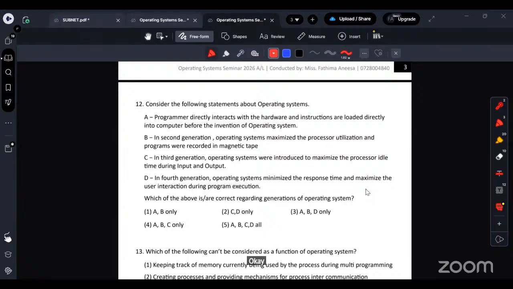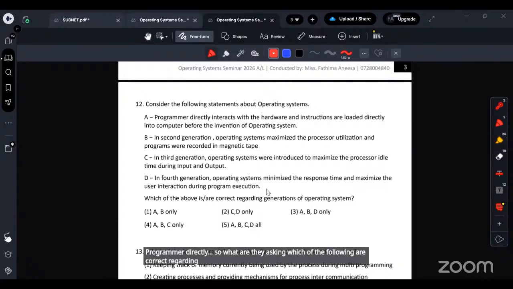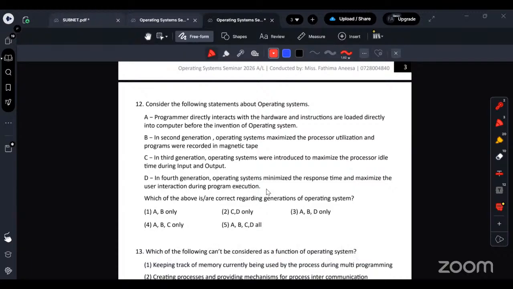Okay. Consider the following statements about operating systems. Which of the following are correct regarding generations of operating systems?